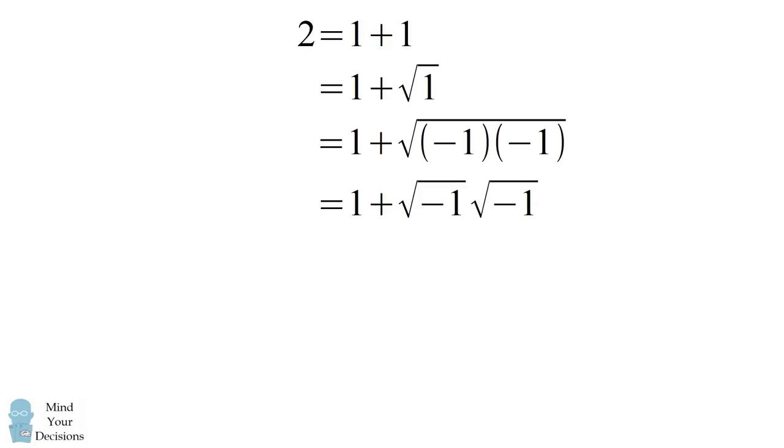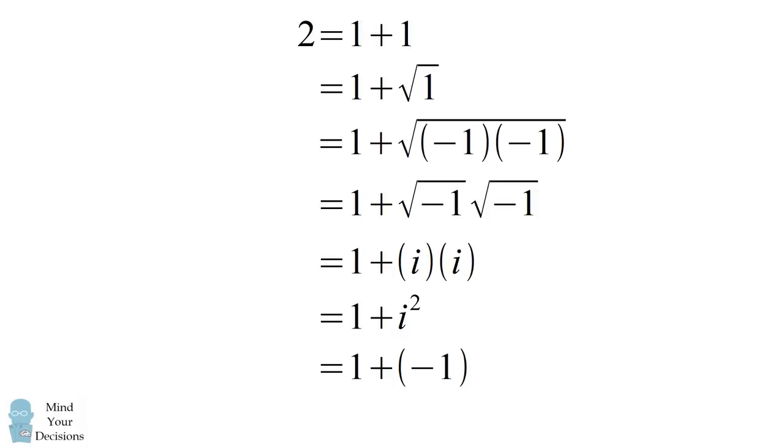The square root of negative 1 is equal to the imaginary number i. We have i times i, which equals i squared, and i squared is equal to negative 1. In the end, we have 1 plus negative 1, which equals 0, and all of this is equal to 2. So we have proven that 2 is equal to 0.